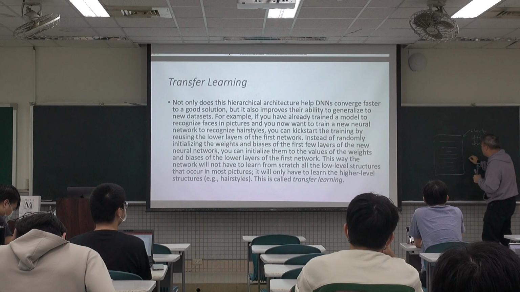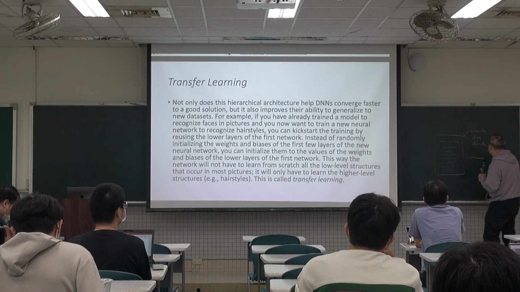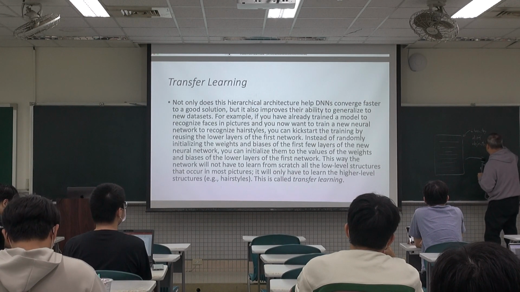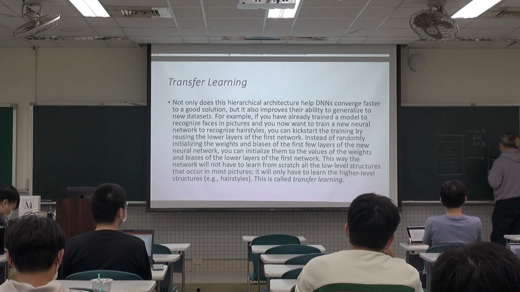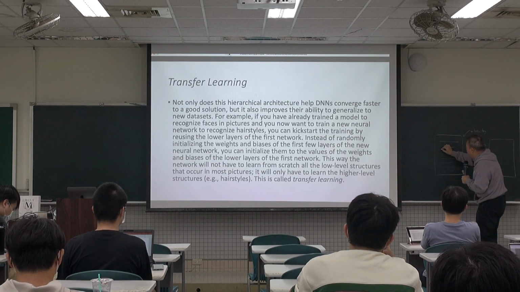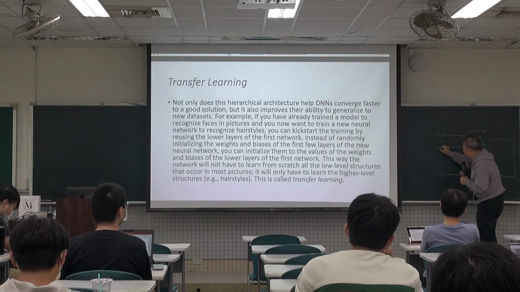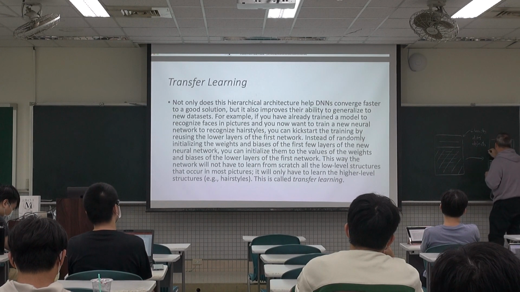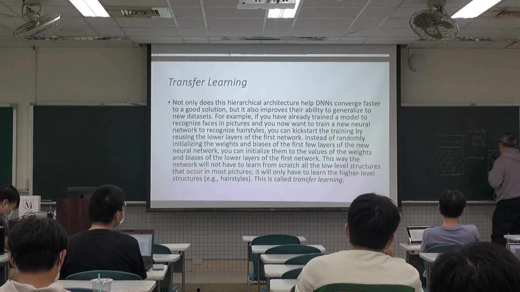So the basic idea of transfer learning is you copy this model and keep the lower part of the model intact. So this part is almost identical to the previous one. Why?